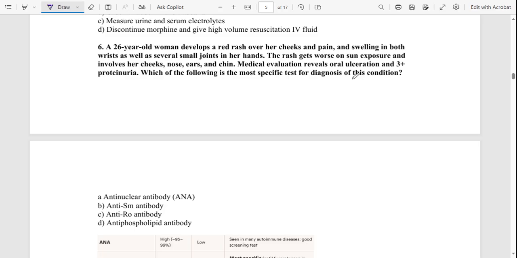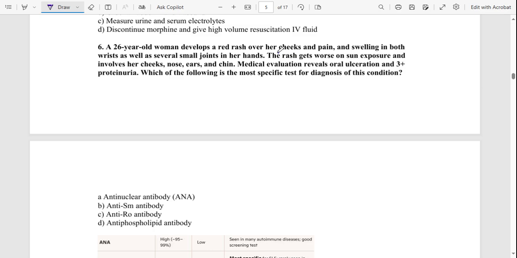The rash gets worse on sun exposure and involves her cheeks, nose, ears, and chin. Medical evaluation reveals oral ulceration and 3 plus proteinuria. Which of the following is the most specific test for diagnosis of this condition?